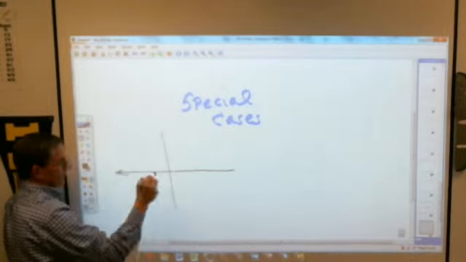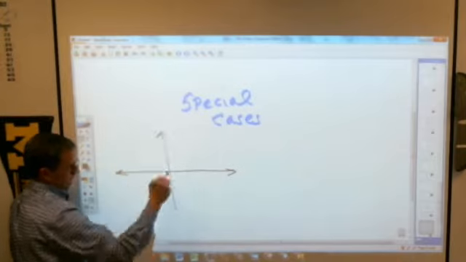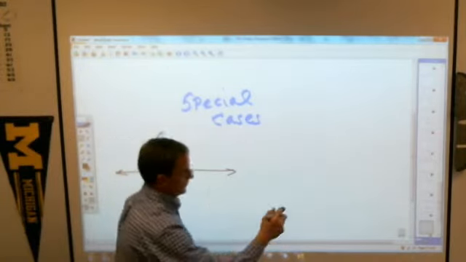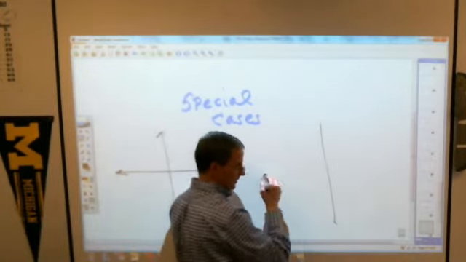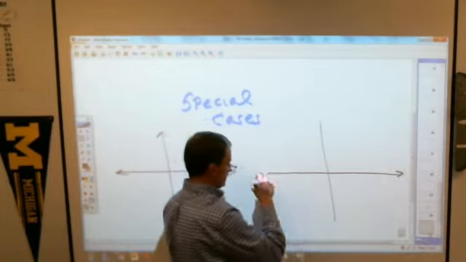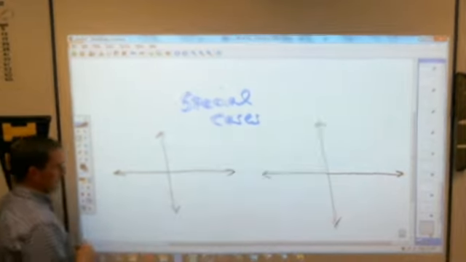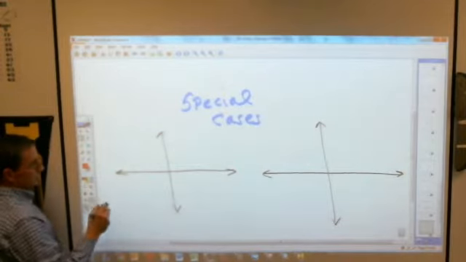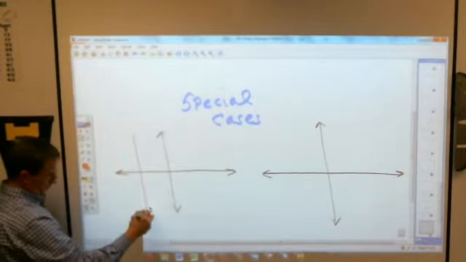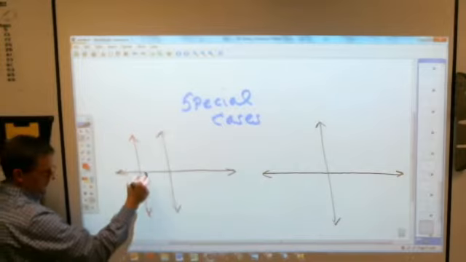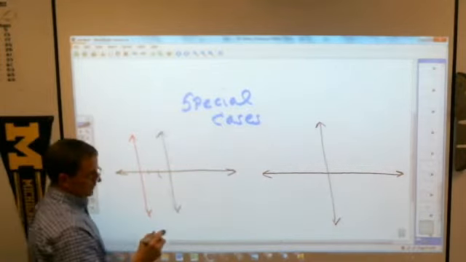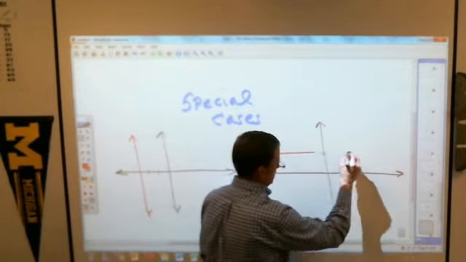Here is graph number 1, and here is graph number 2. Here is line number 1, and here is line number 2.